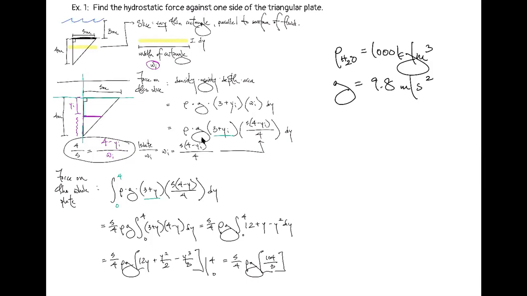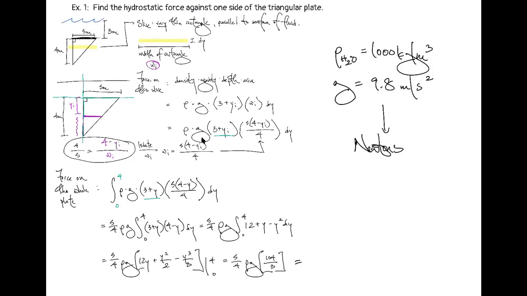So at the end, what this is going to give us is going to be in newtons. All right, and so we can plug 1,000 in for the rho, we can plug 9.8 in for the gravity, and then we'll get a final numerical answer for this problem. All right, so let's just calculate that out, see what we get.